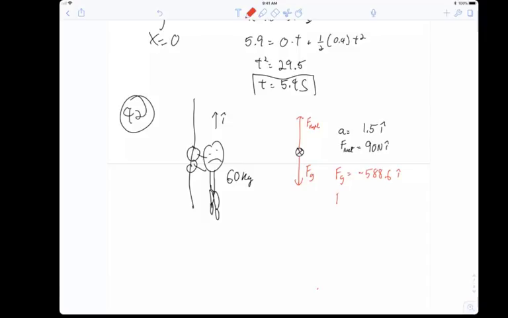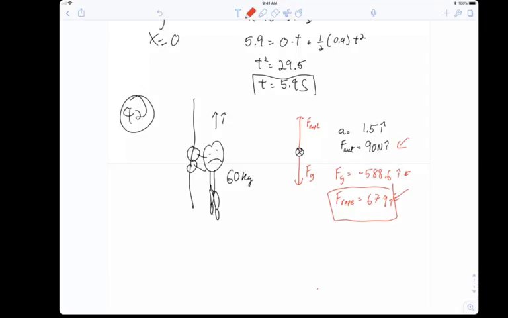And so F rope, we can calculate it as being this plus this equals that: 679 i hat.